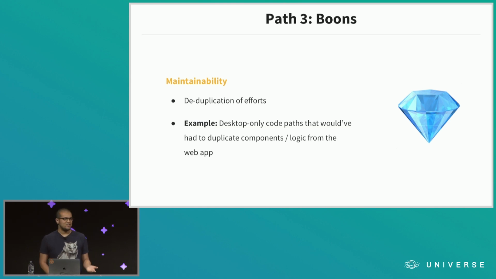So now we can just import it as we would any other third-party dependency and reuse it and be confident that we're reusing the exact same code paths that the web app is using. But we can be much more granular about what we want to use and how we want to use it. We would have had to otherwise duplicate these components ourselves, duplicate the logic, and that's not great. That can lead to bugs and inconsistencies that may frustrate your users.